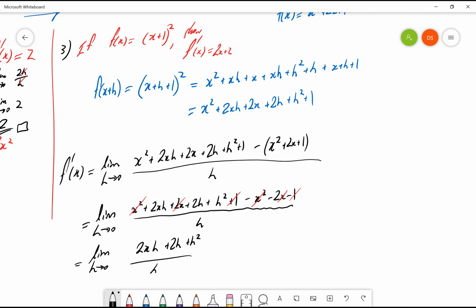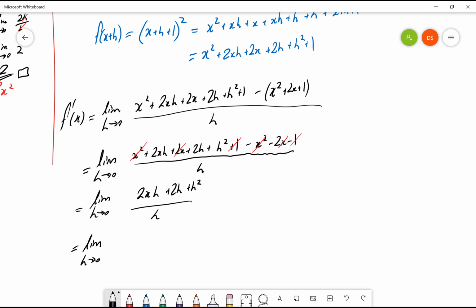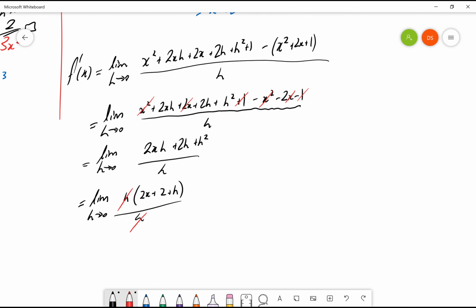Surprisingly, a whole bunch of that just went. Fortunately, I can factorize, and the h's go. And once they go, you're comfortable, just plug in. And so I get limit as h tends to 0 of 2x plus 2 plus h. And that can go to 0.